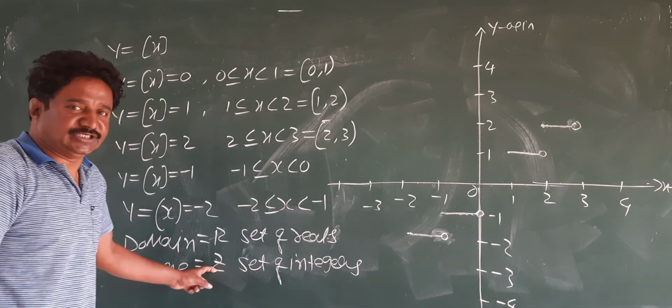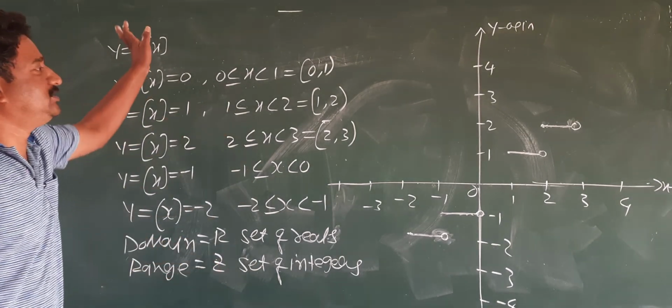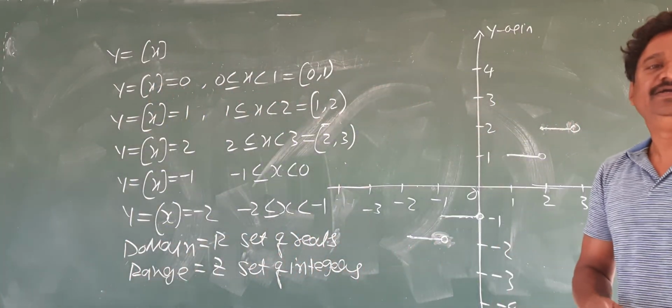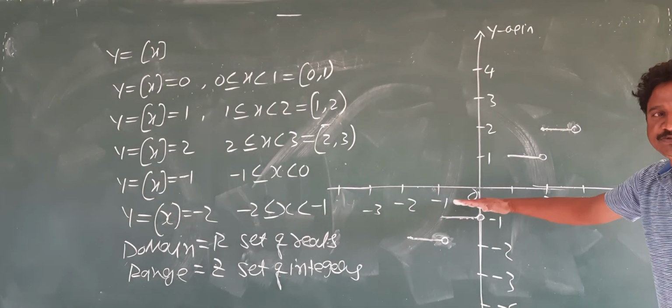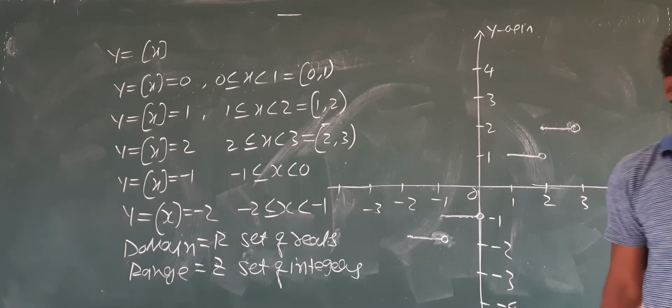Because of this range Z, we call this function the greatest integer function. We also call it a step function. Why is it called a step function? It looks like climbing up steps. This function is also called a step function.